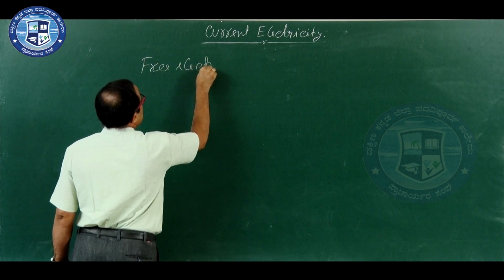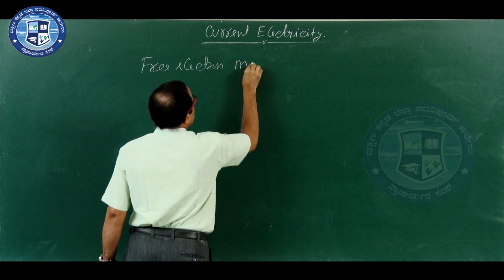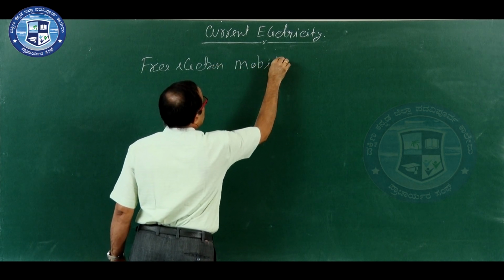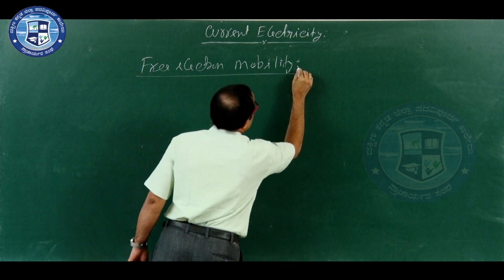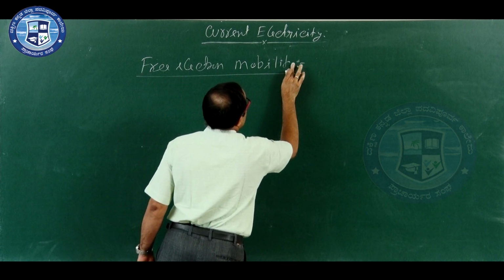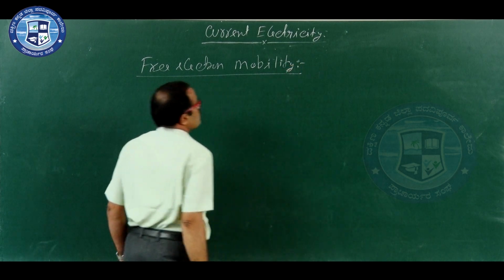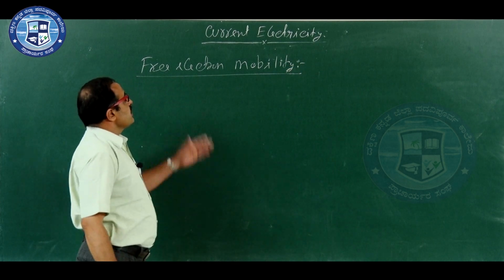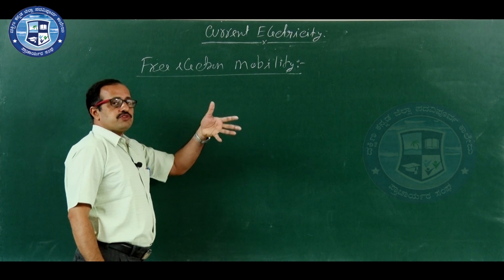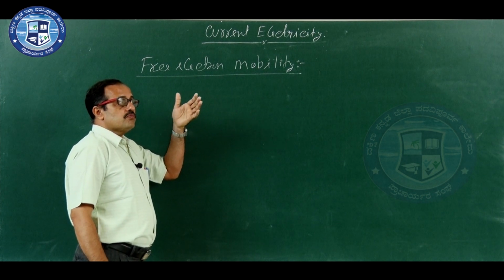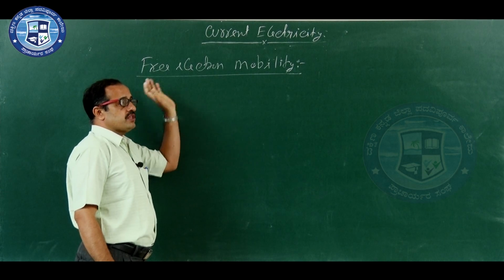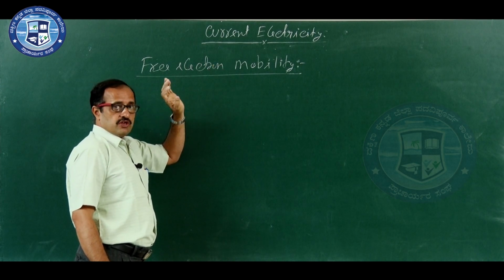Free electron mobility. What is free electron mobility? It tells about the movement of the electrons inside the conductor, meaning whether they move easily or with some difficulties.